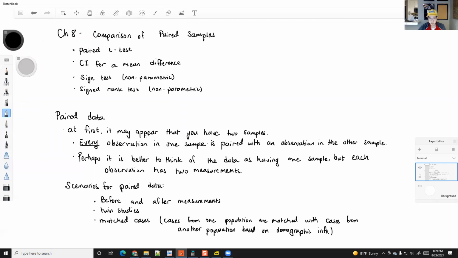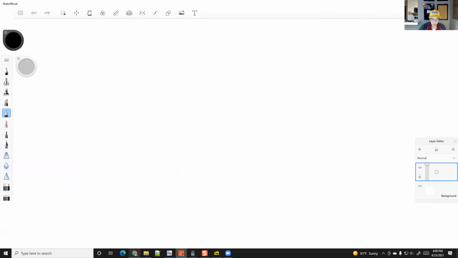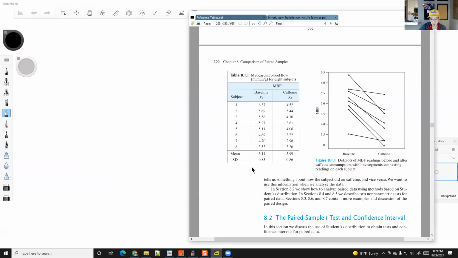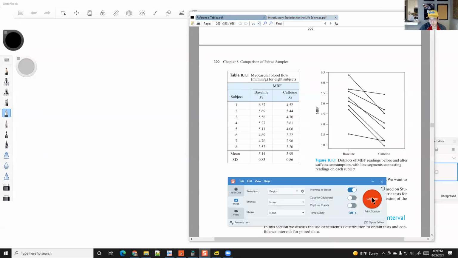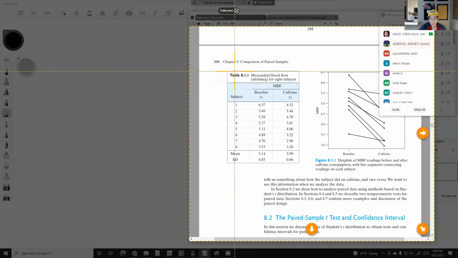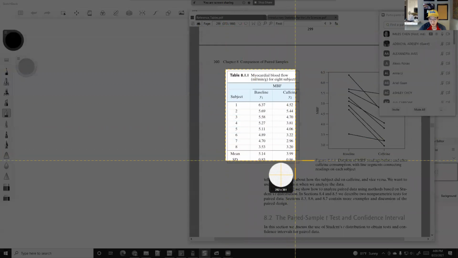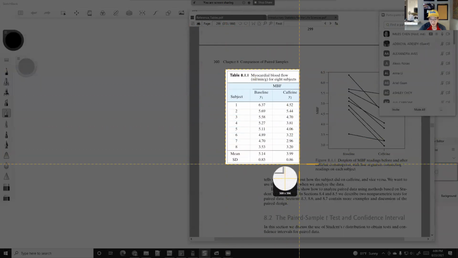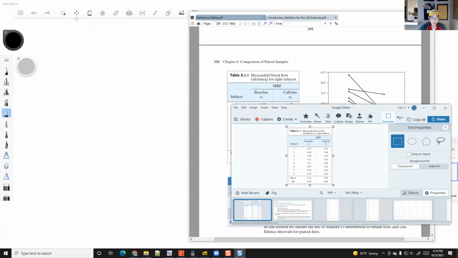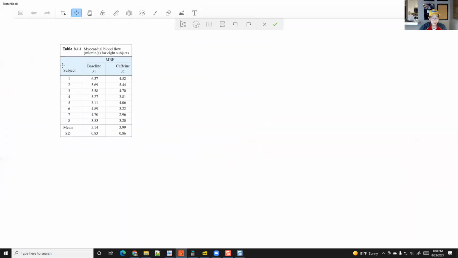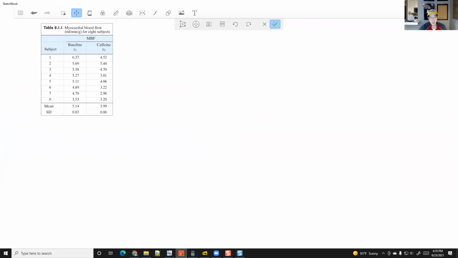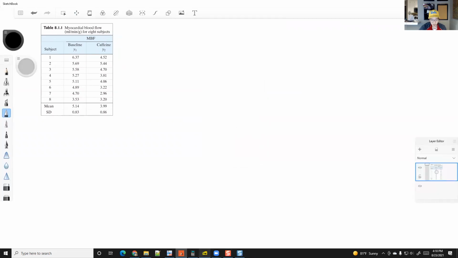All right, so let's take a look at an example, and I'm going to use an example from an older edition of our textbook because I like the numbers here a little bit more than the corresponding example in the current edition. So this is our table of data. You don't have to copy this table.